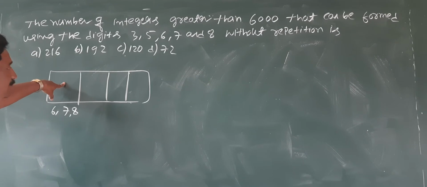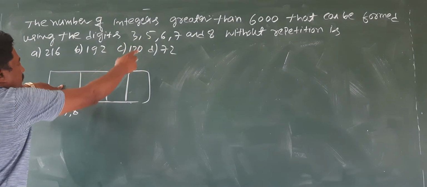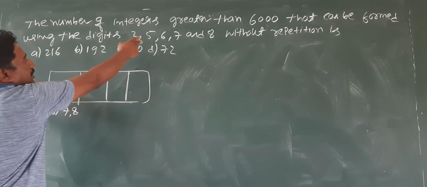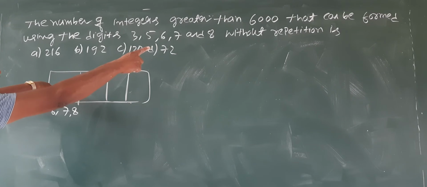If I fill the first box by 6, the remaining you can fill with any of these numbers and we will get a number greater than 6000.